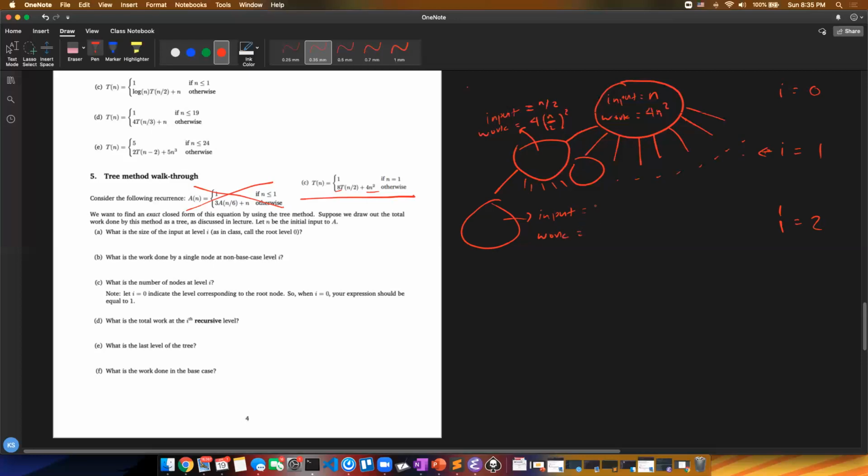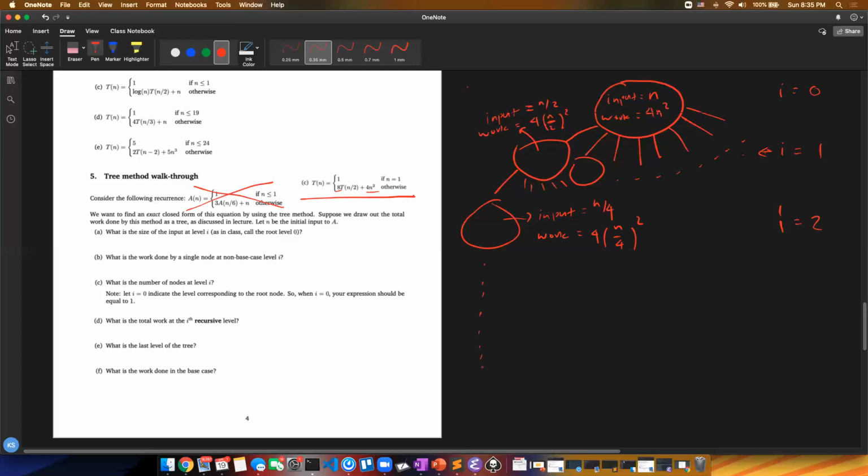And the input in this case will be n divided by 2 again, because we had 2 recursive calls consecutively, so it'll be n/4. And like I said before, because our input n got divided by 4, our work also depends on this input too. And so it'll be 4(n/4) squared.